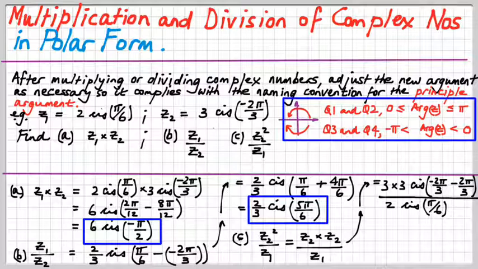So that looks like 9 over 2 for the modulus, doesn't it? Now that argument, goodness. Well, it looks like minus 4 pi on 3, which would be minus 8 pi on 6, wouldn't it? And then minus another pi on 6, which would get us minus 9 pi on 6, and now that's going to cause a non-principal argument. We'll have to rejig that.